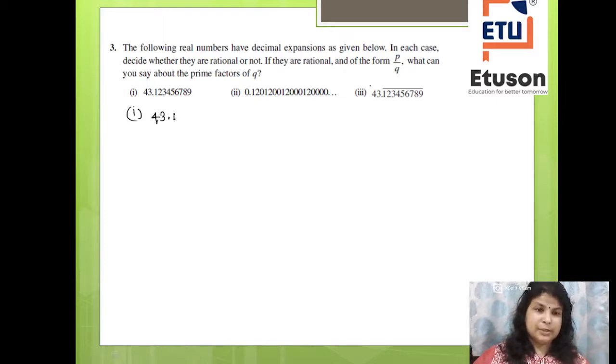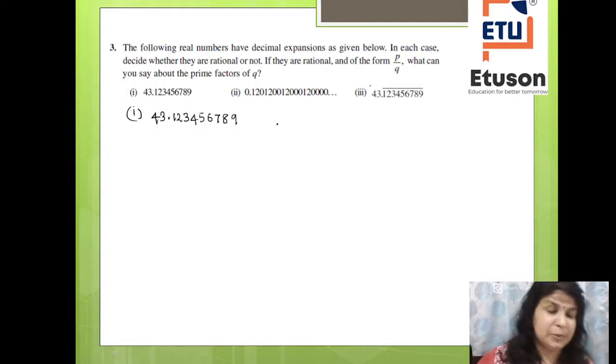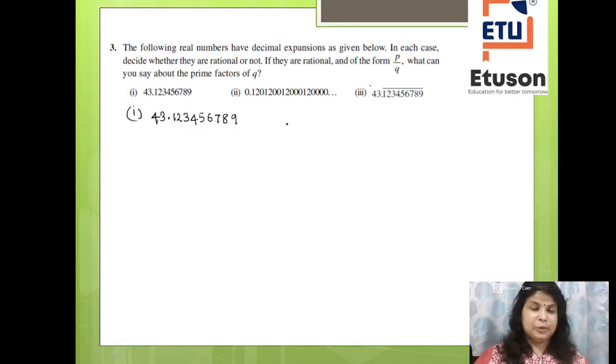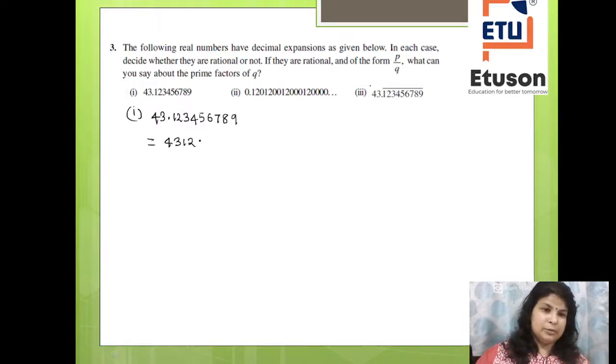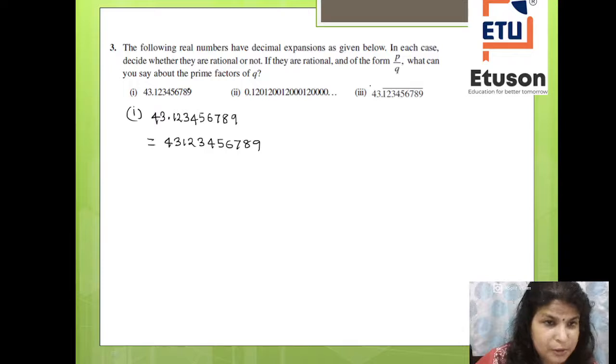You have to see whether the decimal number can be expressed in the form of p by q, and q can be expressed in terms of 2 to the power n into 5 to the power m or not. So as you can see, this is equal to 4.123456789. So how many are there?